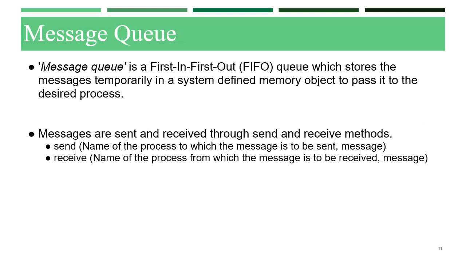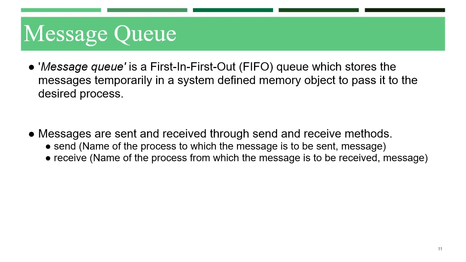Message queue. Usually, any process which wants to talk to another process posts the message to a first in first out queue, which is called a message queue, which stores this message temporarily in a system-defined memory object to pass it to the desired process.